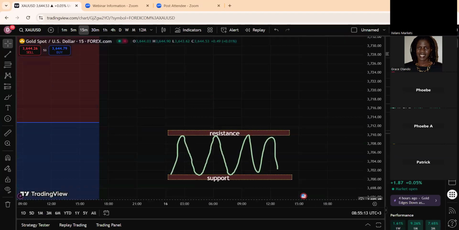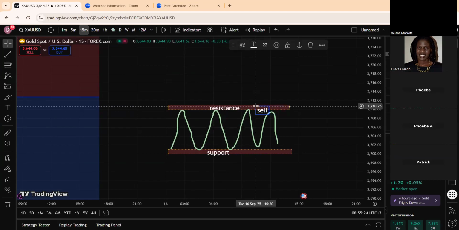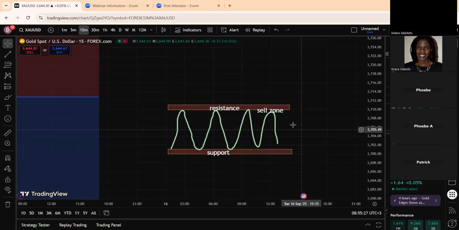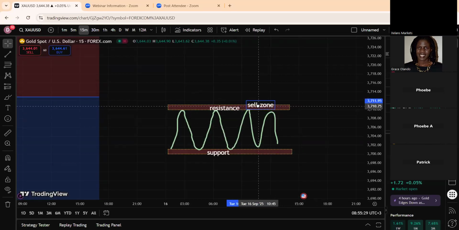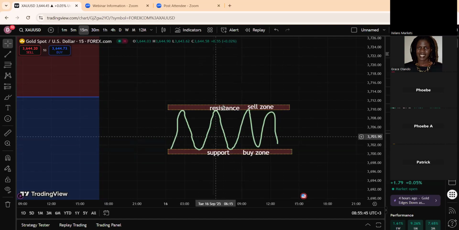Yes. So our resistance here can be our sell zone. So we can call this a sell zone. And I can call this support my buy zone. Hence now the support and resistance.